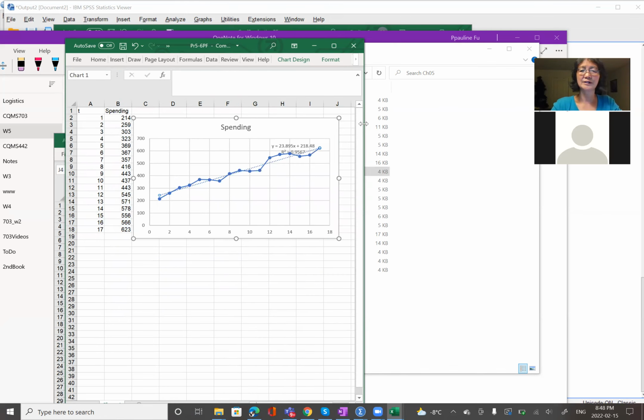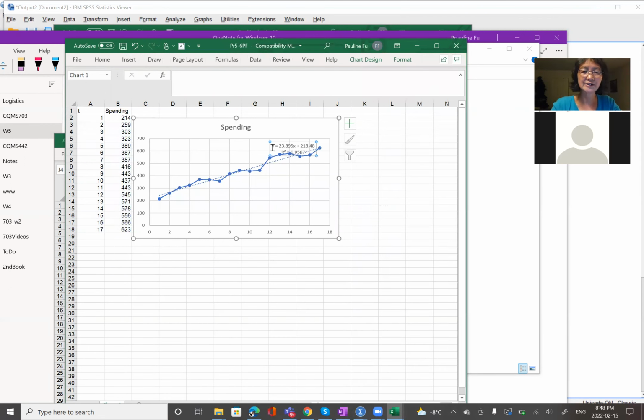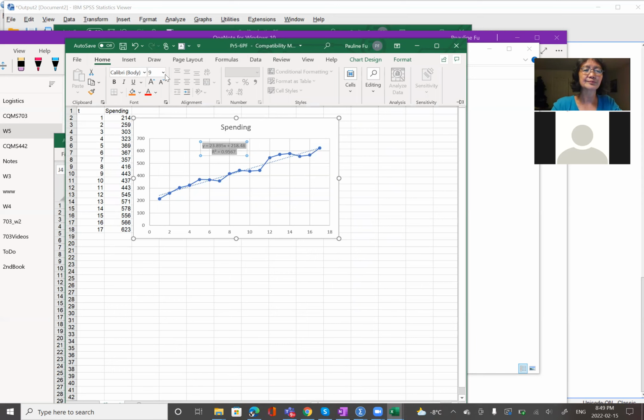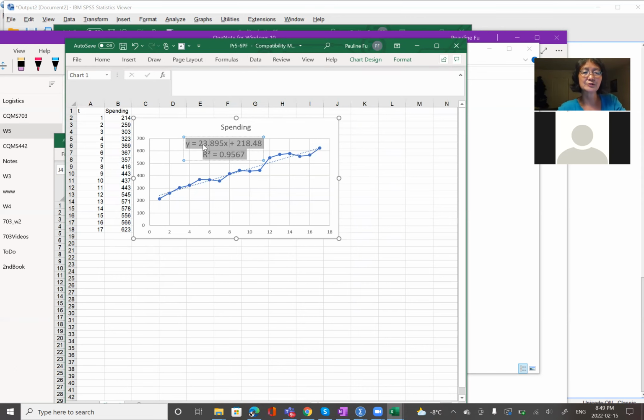So this way it is easier than data analysis. You get this equation. I'm just going to move this and try to increase the font size. Okay, so this is the equation.